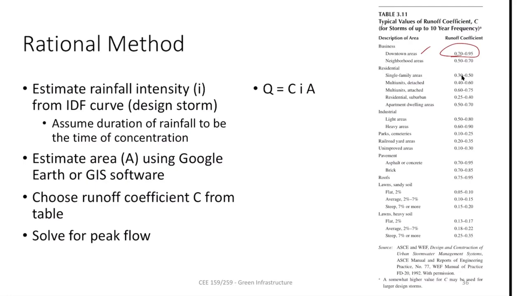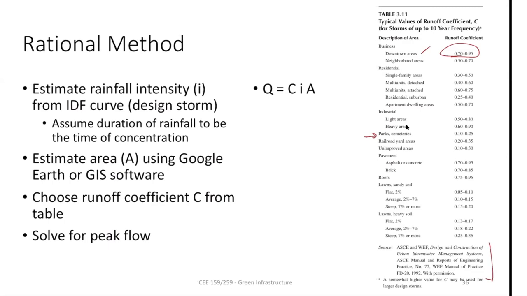That's why you don't have that high amount of runoff. But if you look at an industrial area, it can be 60 to 90% again because it has more impervious surface. If you have a park, with very little impervious surface, only 10 to 25% becomes runoff. So again, these are all given to you. The source is here. So you can assume your C value for your project based on the location you have and use this table.